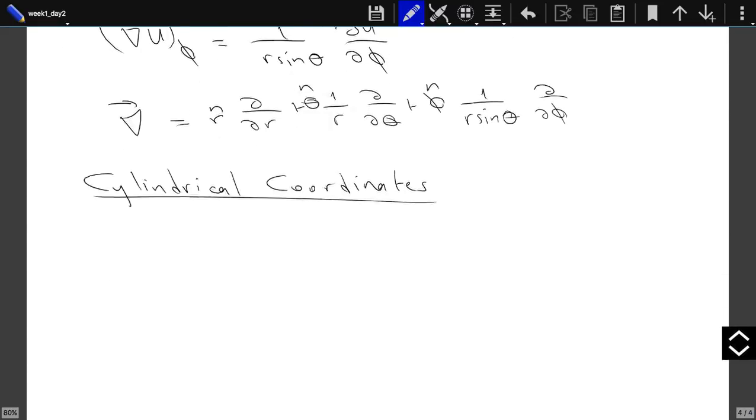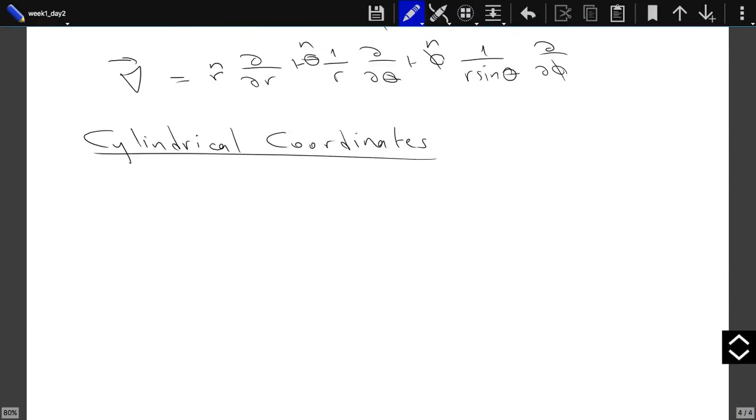Now, in cylindrical coordinates, we have a similar thing, but this time if you fix one coordinate, which we will call rho, you obtain cylinders. So consider this point. Again, just like in the spherical case, you consider its perpendicular projection on the xy plane.